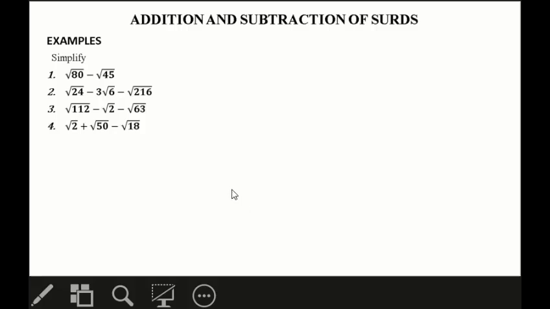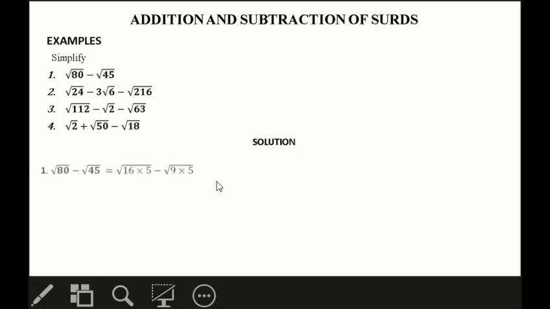So let's look at the solution. I'll deal with questions 1 and 2, then you will deal with questions 3 and 4.